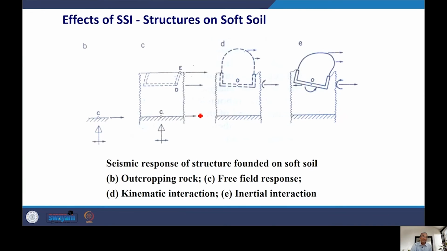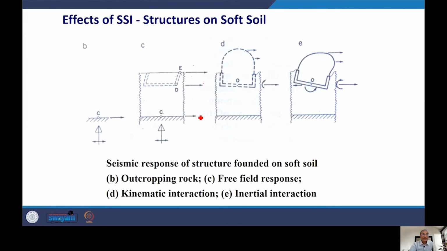As we mentioned earlier, the size of these arrows tells you the size of the amplification, the amplitude. You can see that at point C the motion decreased, but at points D and E it gets amplified much more.